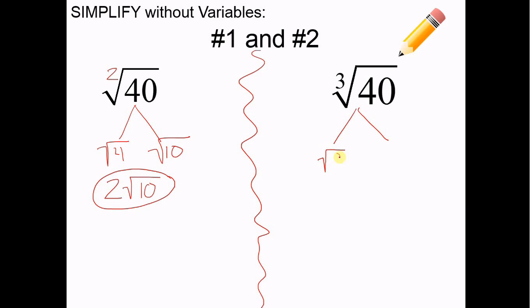It looks like 8 will go in perfectly, right? 8 times 5 gives us 40, or 40 divided by 8 gives us 5. The cube root of 8, we know to be 2. We can't do anything with the cube root of 5, so that's just going to stay there. So we're going to have 2 times the cube root of 5. That simplifies down.